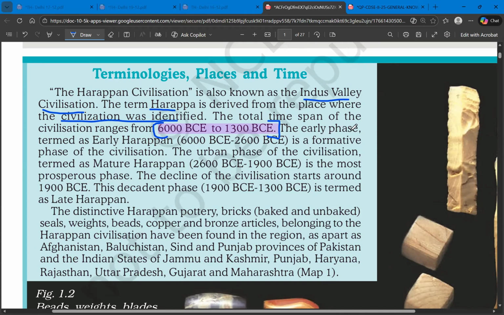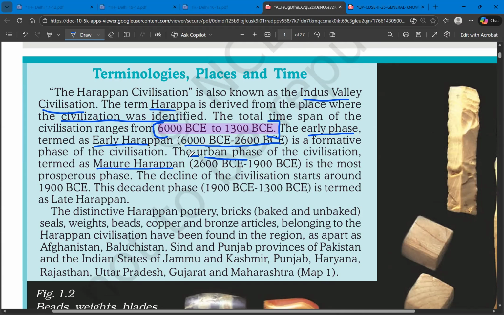The early phase, termed as early Harappan, which is from 6000 BCE to 2600 BCE, is a formative phase. So it was the phase where things were getting developed from the starting. And the next one is the urban phase, which is also termed as mature Harappan.